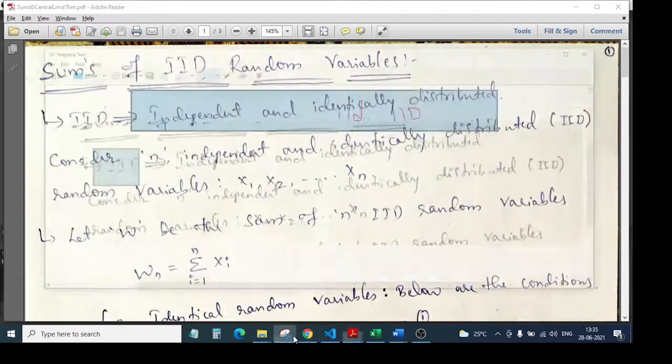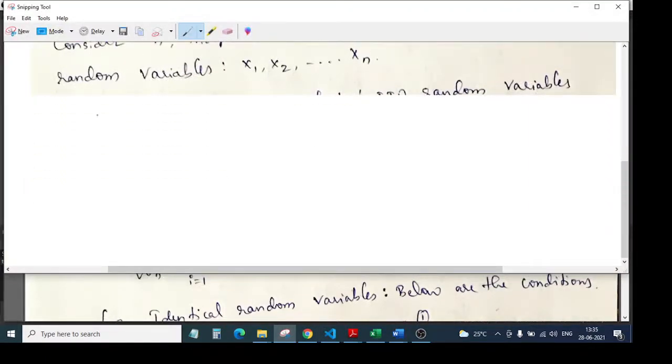So, for example, say I have a random variable X1, then F_X1(x) must be equal to F_X2(x), and say I have some n random variables like this, then we write it as F_Xn(x). All of these are equal to F(x).